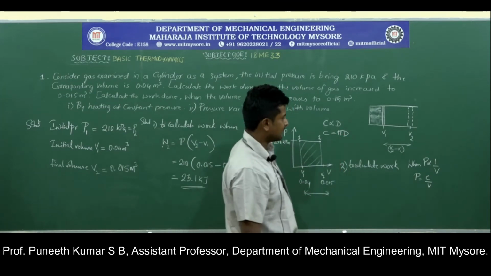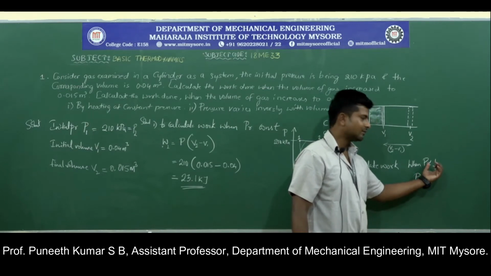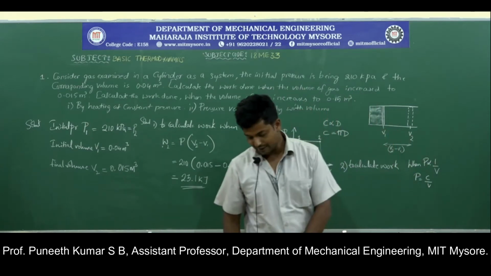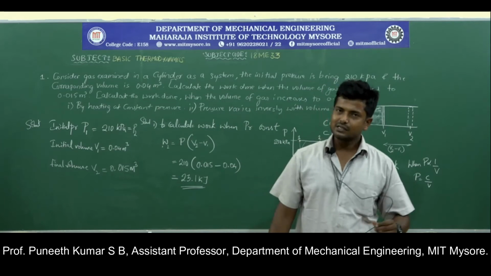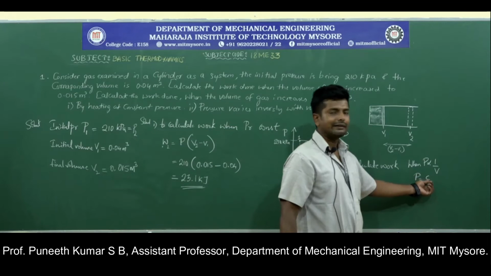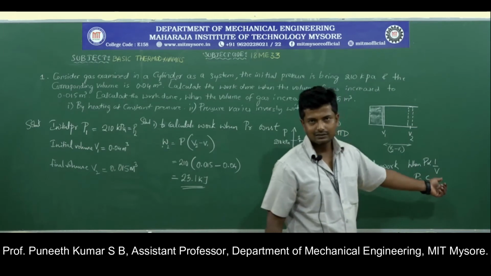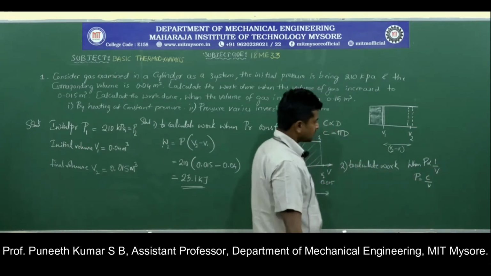In the same way, in any nature's concept, if we want to remove the proportionality symbol and replace it with equals, we should get a constant introduced. So here the general representation of constant, we have taken as C as usual.